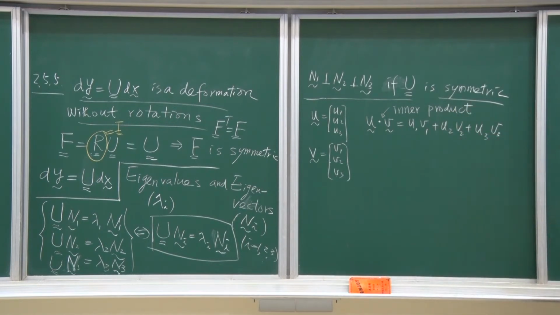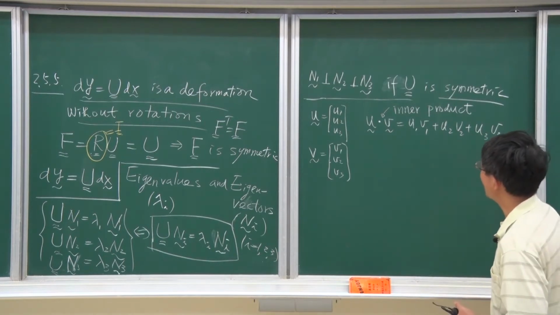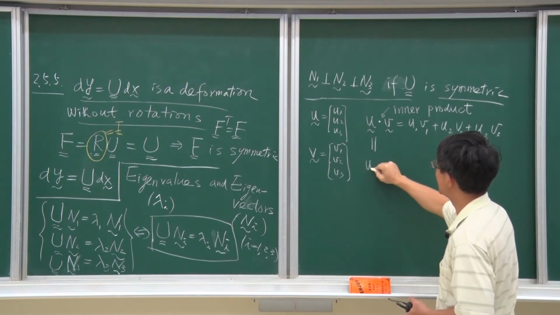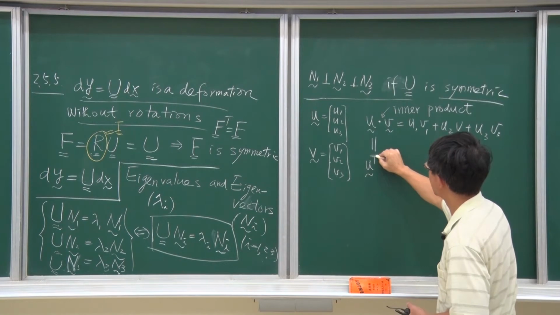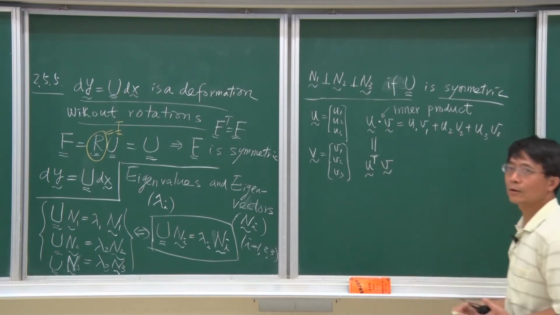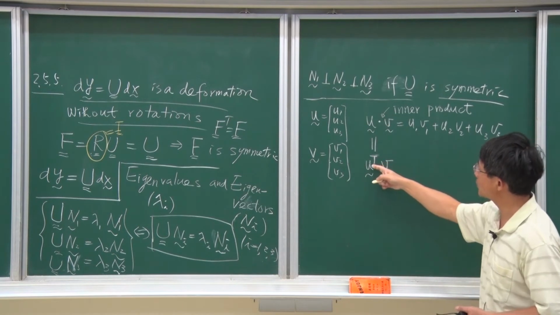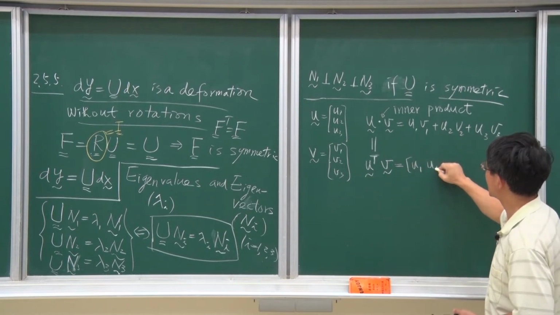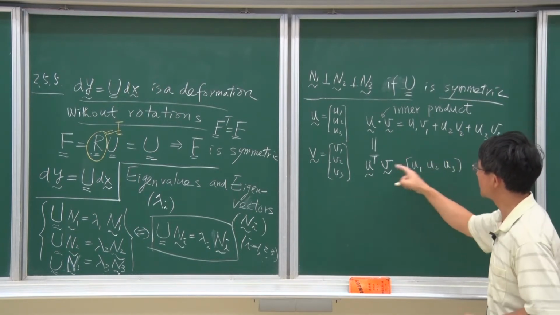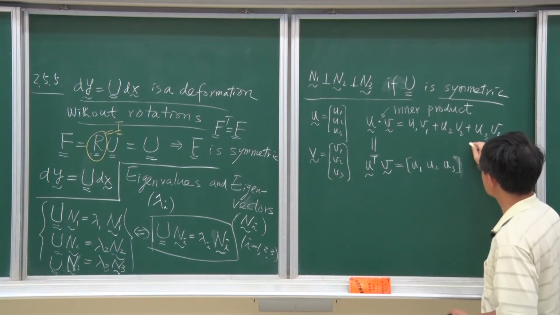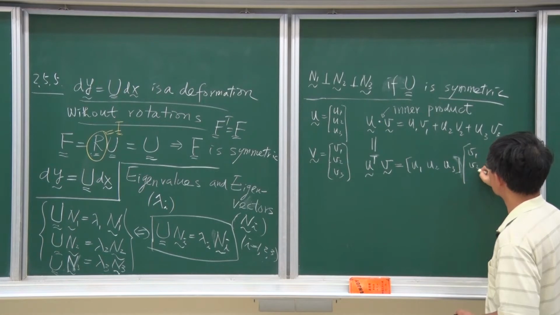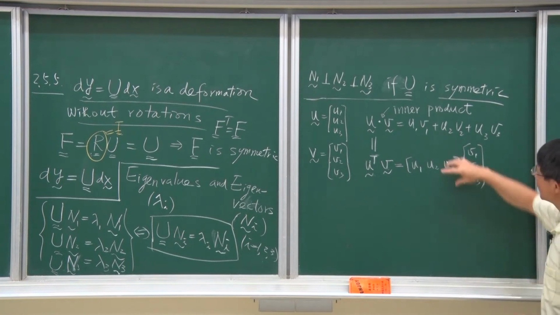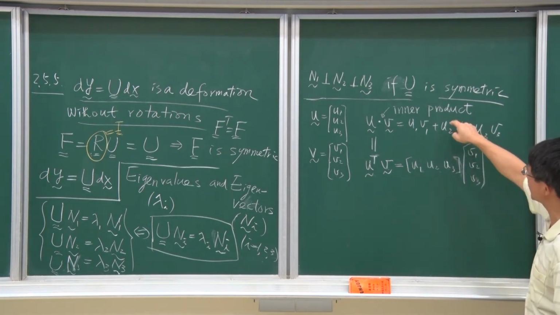And I want to tell you that this is equivalent to the transpose of U times V. So now you multiply this vector by this vector, and it gives you this.